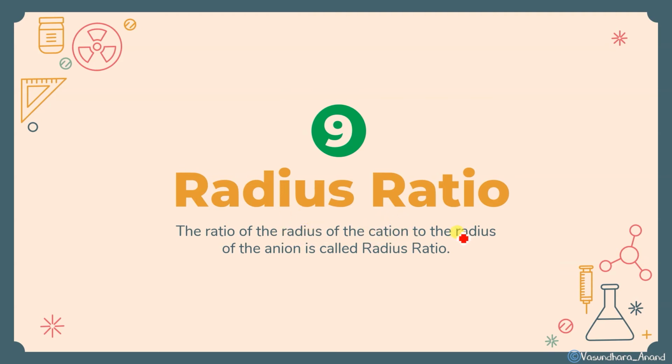That means it should always be less than 1 because we are keeping the smaller radius as the numerator and the bigger radius as the denominator. Got it? So it will always be less than 1, or maximum 1.